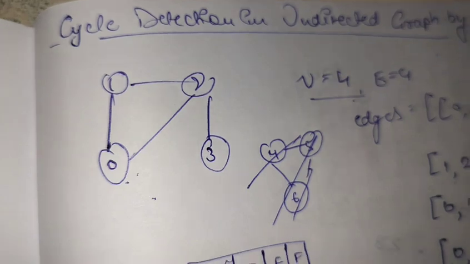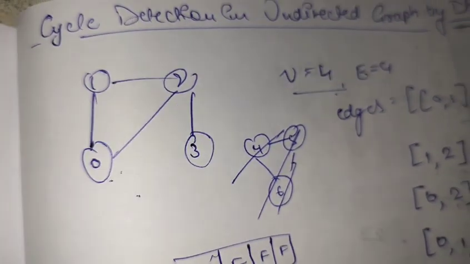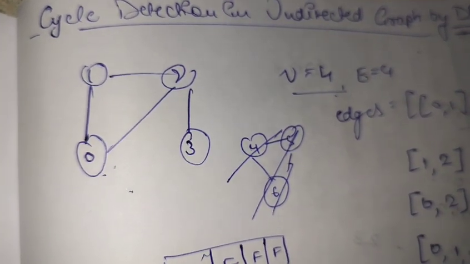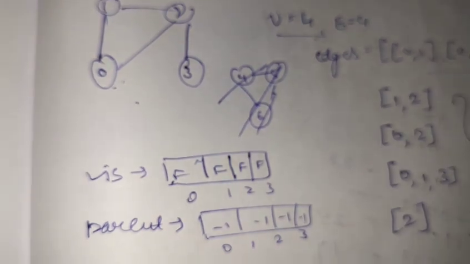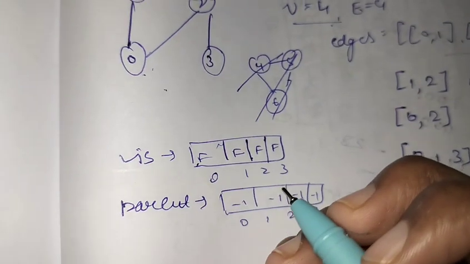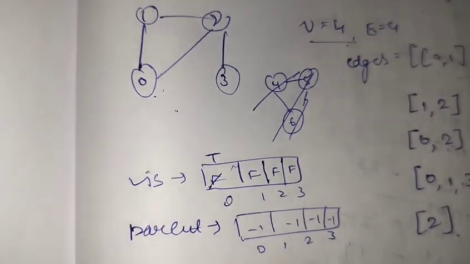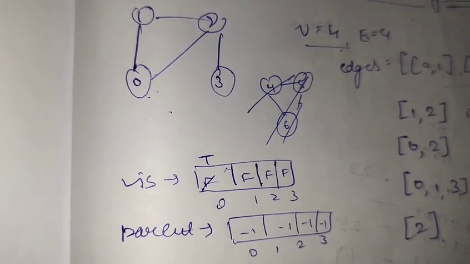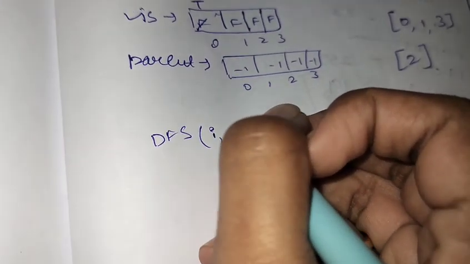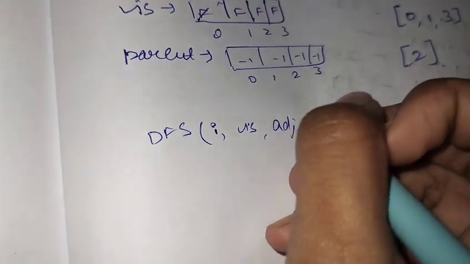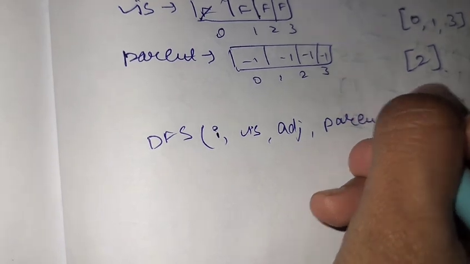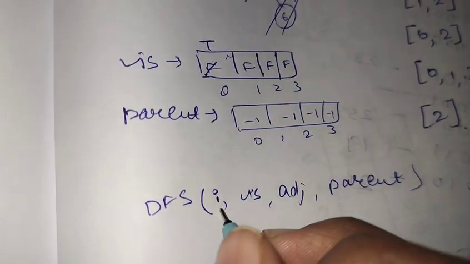Okay. Now let me start with the 0th node. My 0th node, I'll make it true, right? And I will write a DFS function in which I, visited, adjacent, and parent will be passed. Okay. Now I'll start with the 0 for loop.